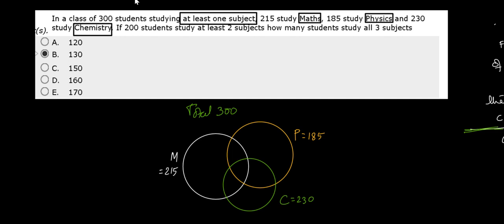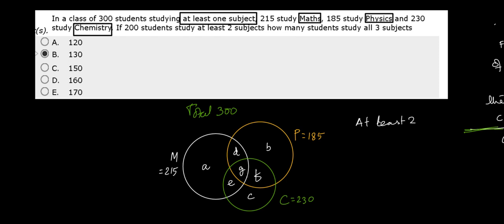If 200 students study at least two subjects, what does this mean? Let us name the areas A, B, C, D, E, F, and G. What is at least two?